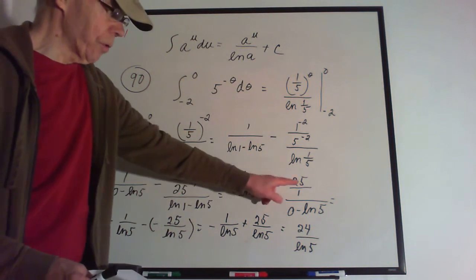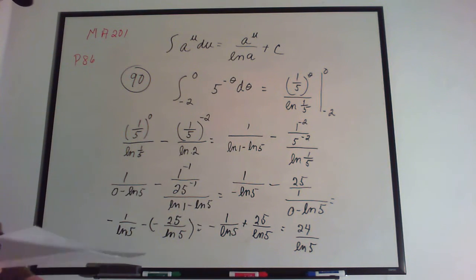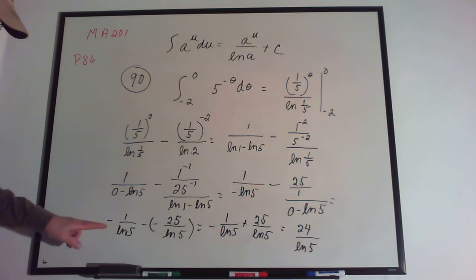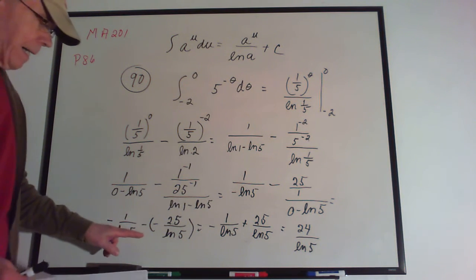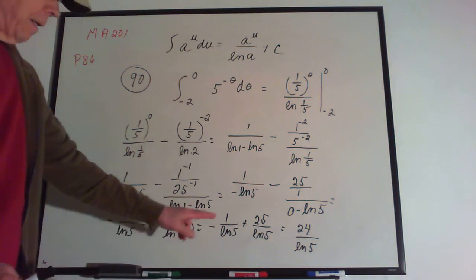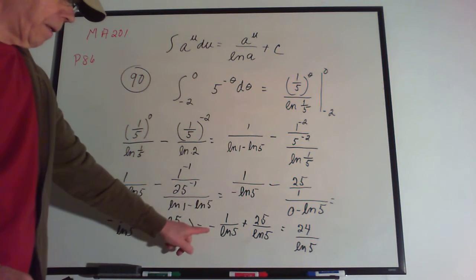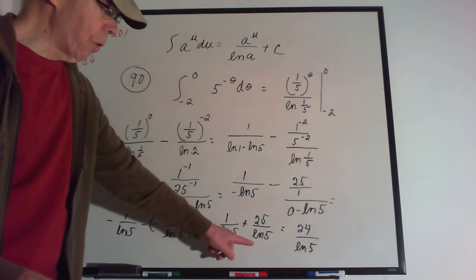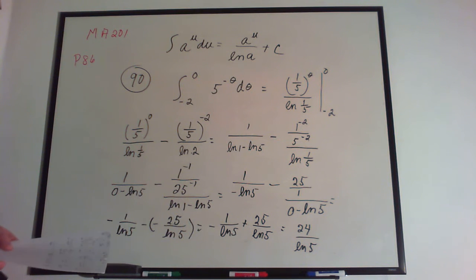You invert these, so you have a positive exponent with the 25. Natural log of 1 is 0. So you're going to have -1 over natural log of 5 minus 25 over natural log of 5. This minus here comes from here. So you have -1 over natural log of 5 plus 25 over natural log of 5, which gives you 24 over natural log of 5.